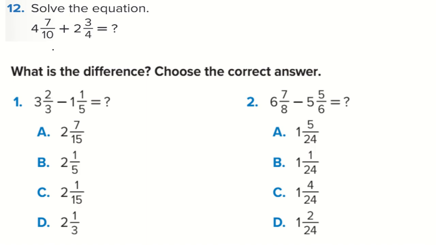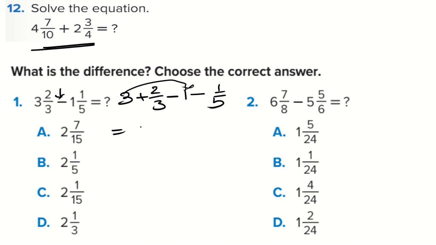Same this question, you see this question like the snowman question you can do. Okay. Same this also. Now with the minus you will write all the minus. I will do this for you. 3 plus 2 over 3 minus 1 minus this also 1 over 5. Now 3 minus 1 is 2, plus 2 over 3 minus 1 over 5.